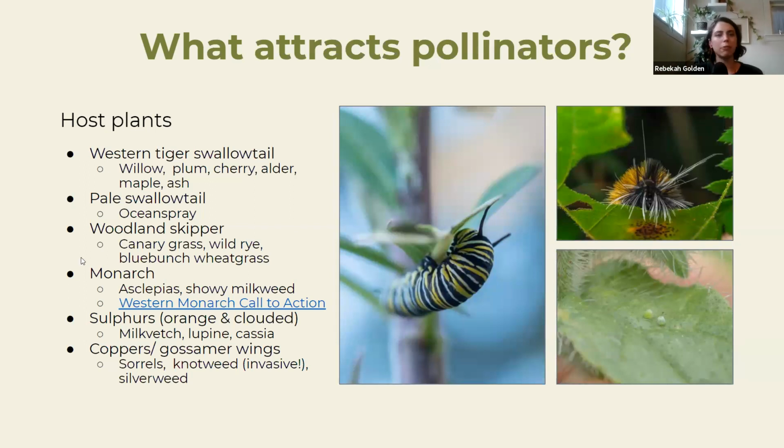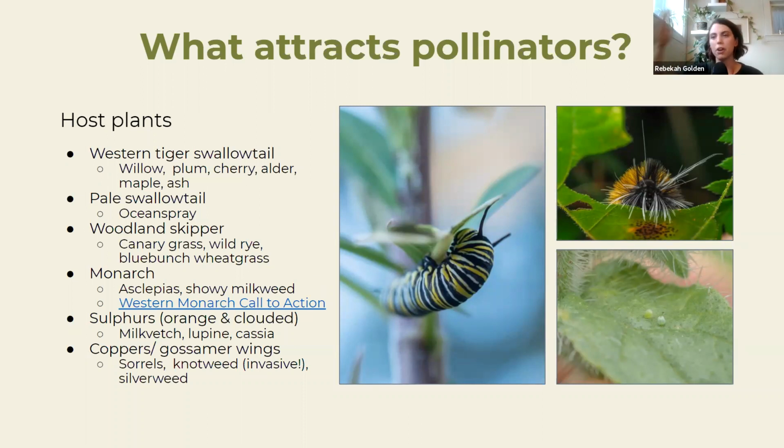And so here's a handful of some of the common butterflies that we have in Oregon, and their host plants. One I should point out is the monarch butterfly. We have Western monarchs in Oregon, maybe not necessarily in Washington County or in Portland.